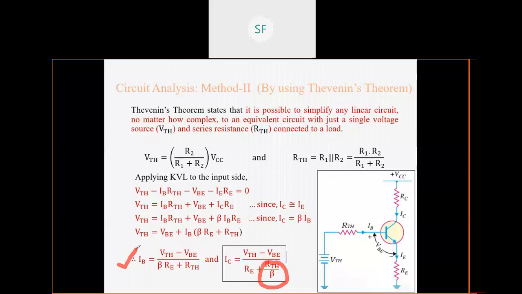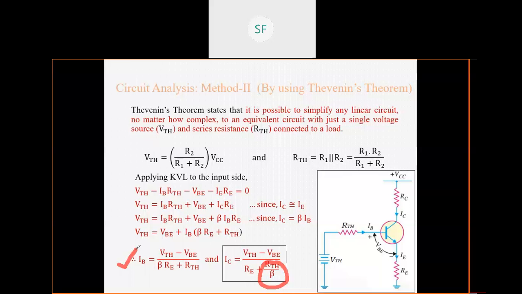So if a question comes, suppose a voltage divider biasing circuit is given, and they have asked you to find the base current, then which method will you apply, method 1 or method 2? Anyone?